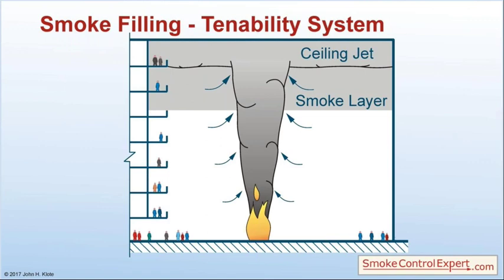Now, if the fire, as it progresses, it drops down. And you notice here that we are still entraining, but now what we're doing is we're entraining smoke into the plume, and then it's going into here. So that makes things worse than they would have been otherwise.